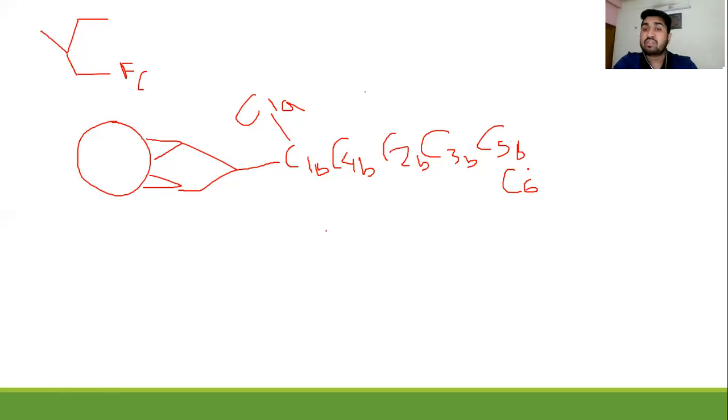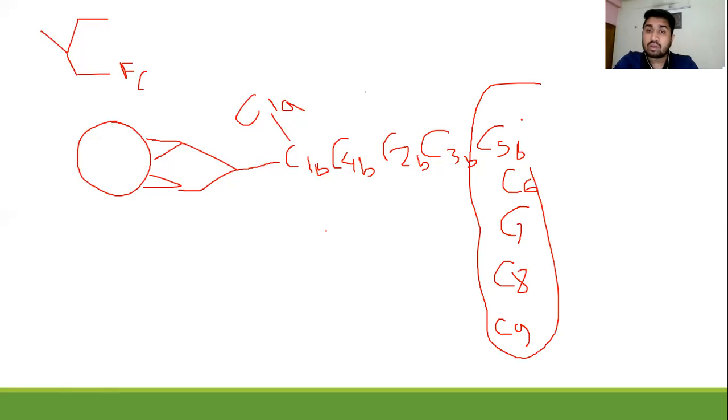C6 will not be divided into C6A and C6B. It will remain solely as C6. Then C7, C8, C9. The C5B, C6, C7, C8, C9 together is known as the membrane attack complex, shortly called MAC.